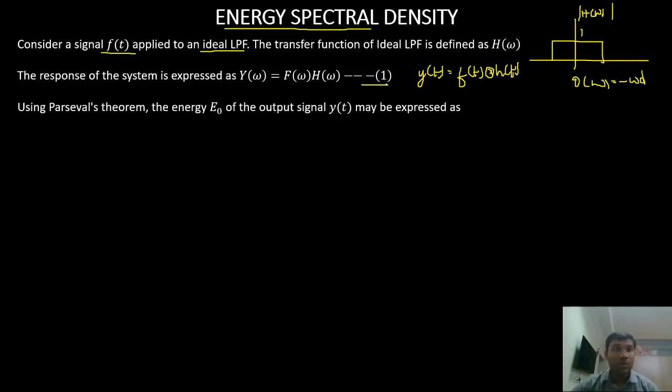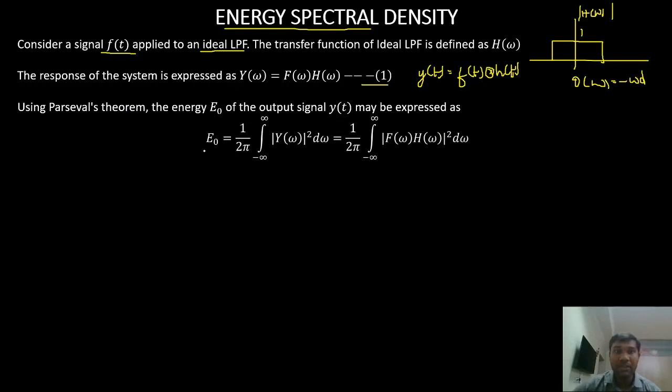Now, using Parseval's theorem, if you remember, what is it? It is nothing but energy equals 1 by 2 pi integral from minus infinity to infinity. What does the Parseval theorem state?